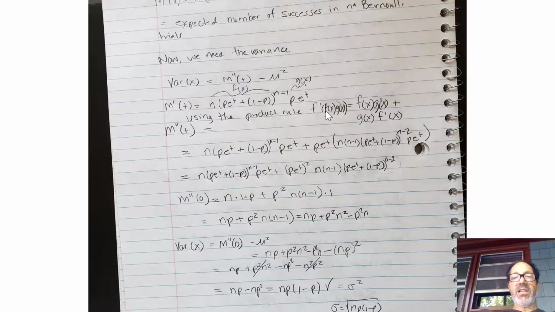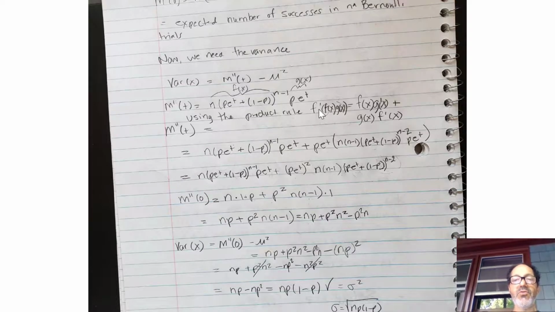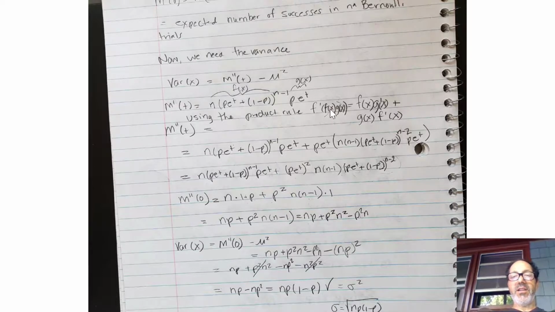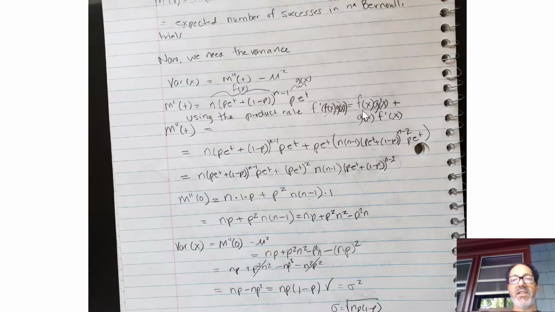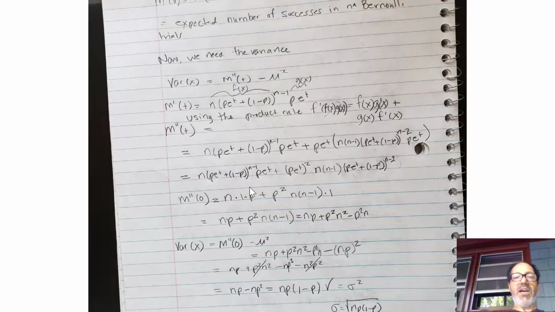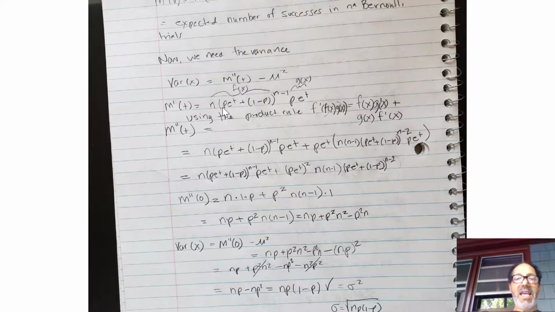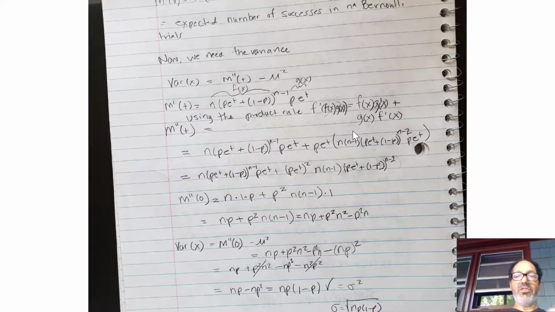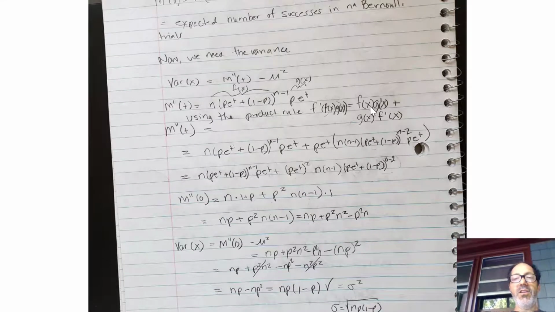The product rule states that the derivative of the product of two functions, a variable is a function anyway, right, f of x times g of x is f of x times g prime of x plus g of x times f prime of x. So if we let n p e to the t plus 1 minus p to the n minus 1 equal f of x, and then p e to the t equal g of x, we can just plug that into this equation here. So we copy f of x right here.